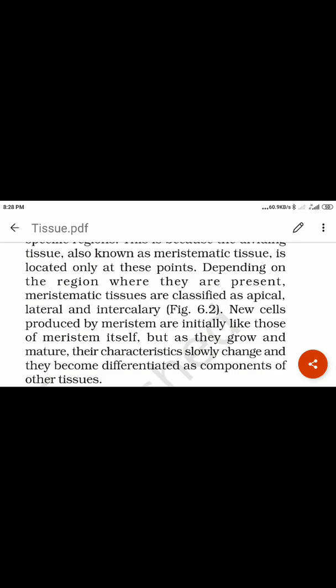Apical means apex, the top region, at the tip. The next type is lateral, the lower region, and then the intercalary. Figure 6.2 can be easily checked.